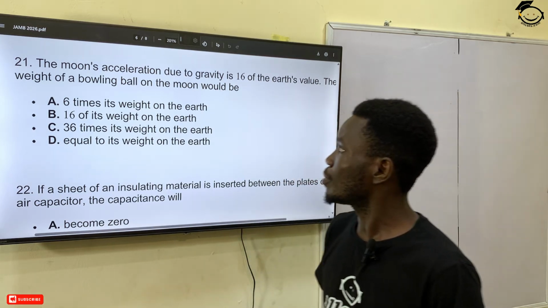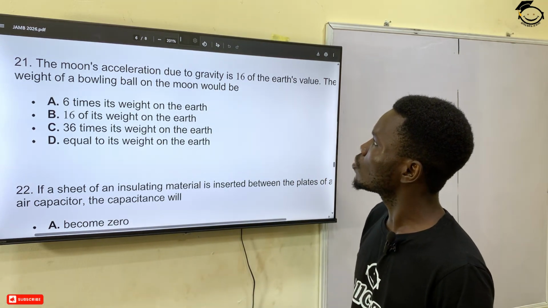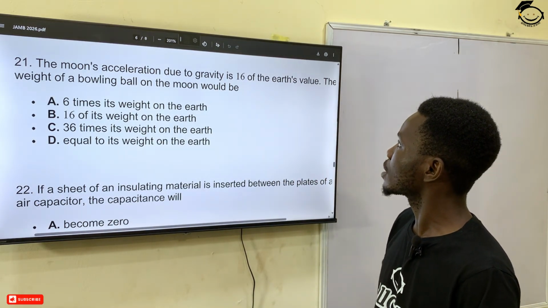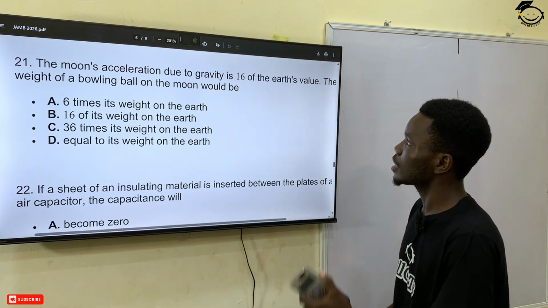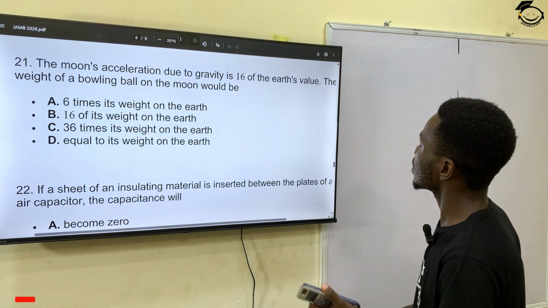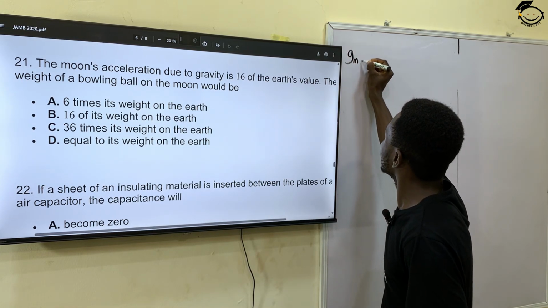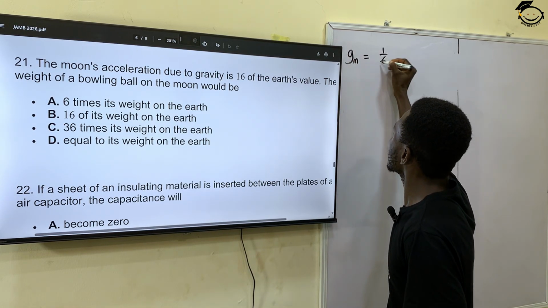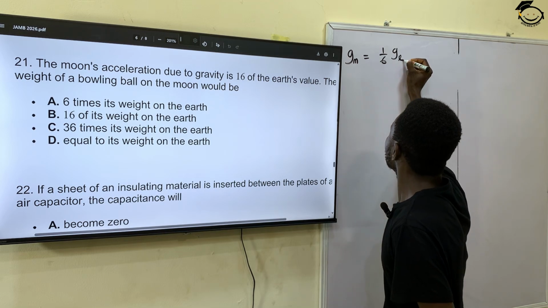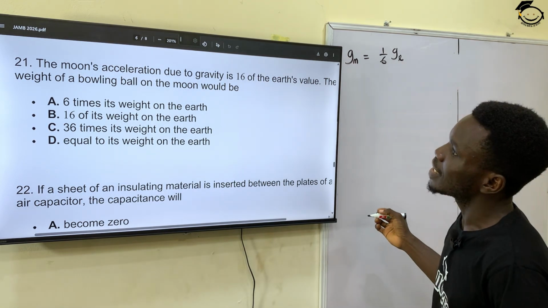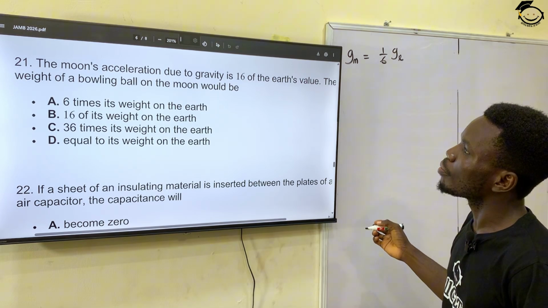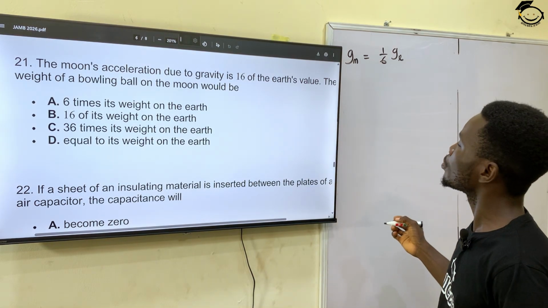Moving on, question number 21 says, the moon's acceleration due to gravity is 1 over 6. There's a typographical error there. What we have there is 1 over 6. So we have the moon's acceleration due to gravity. Moon is 1 over 6 that of the Earth. This is Earth. And then it said, the weight of a bowling ball on the moon will be dash.